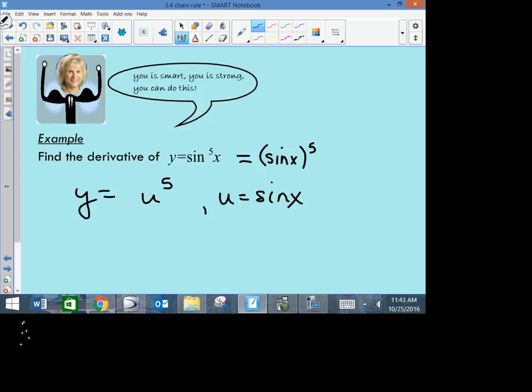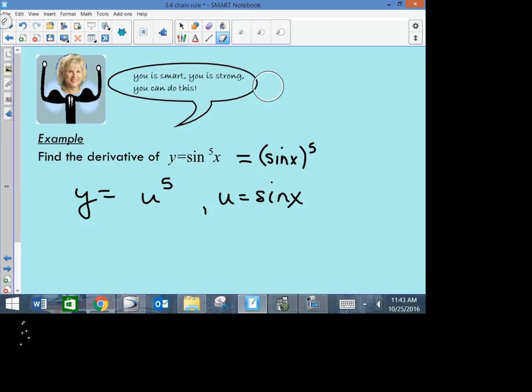I'm going to take it to the fifth power. I did it the opposite way. Like I did y equals sine of u, and then u equals x. That is not the same.